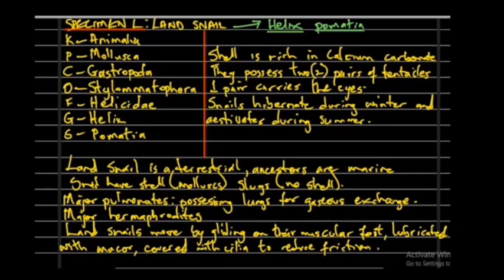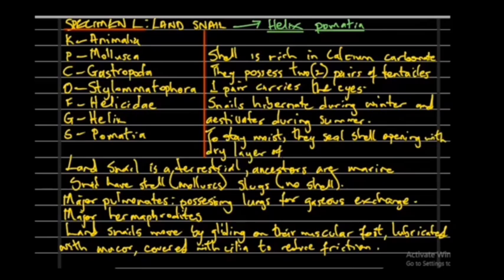To stay moist during hibernation, they seal their shell opening with a dry layer of mucus, which is called the epiphragm. So that is it.